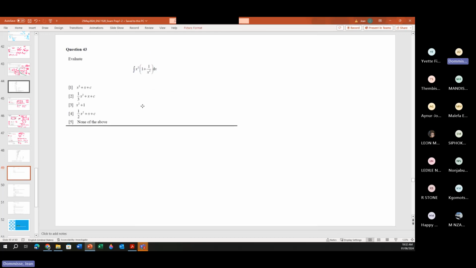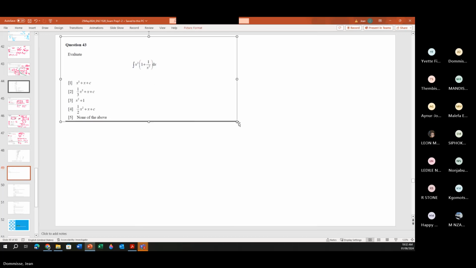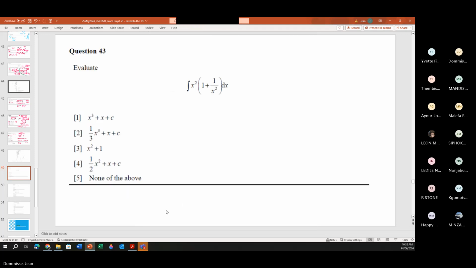Okay, so the first one is, they tell us, okay, this is the function, and we need to evaluate this. So basically, they want us to say what is the integration of this formula.